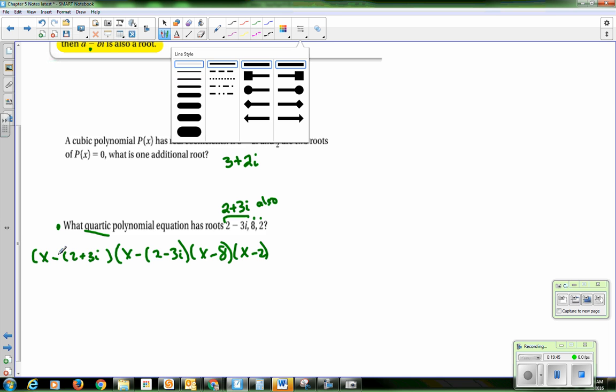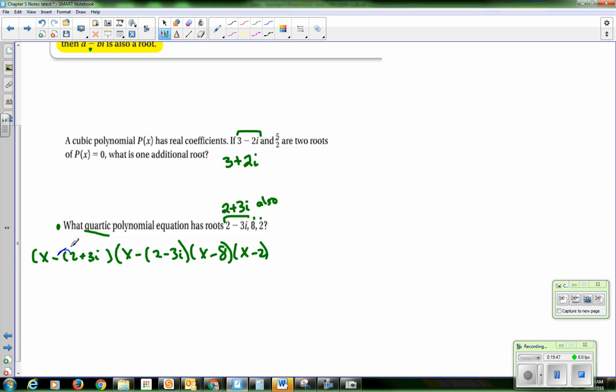So the first thing I'm going to do is distribute out this negative. So I get x minus 2 minus 3i. And I'm going to distribute out this negative here: x minus 2 plus 3i.